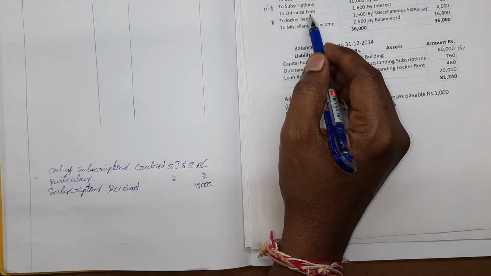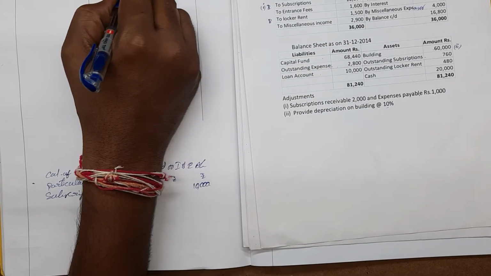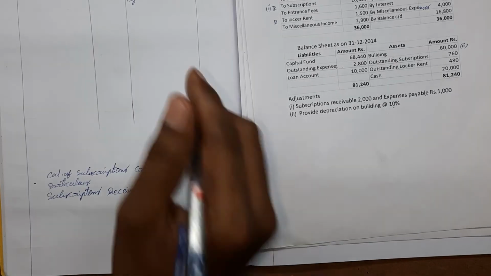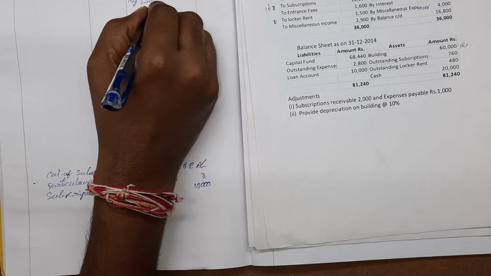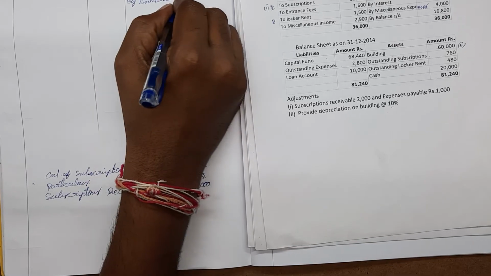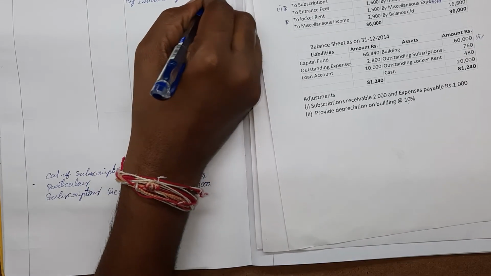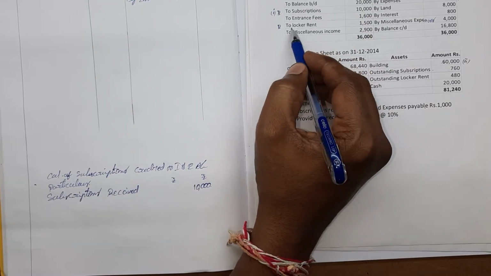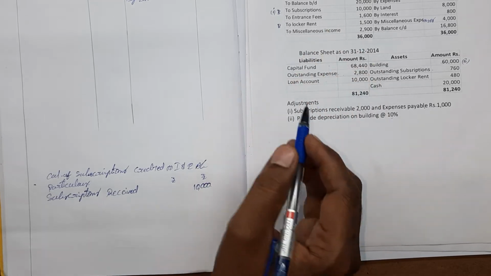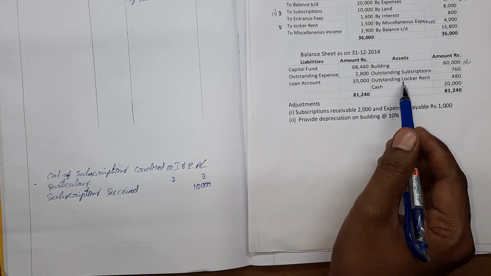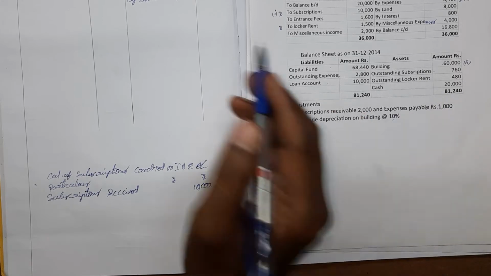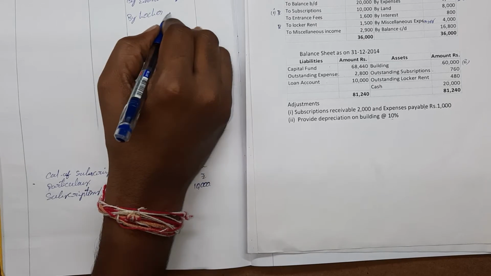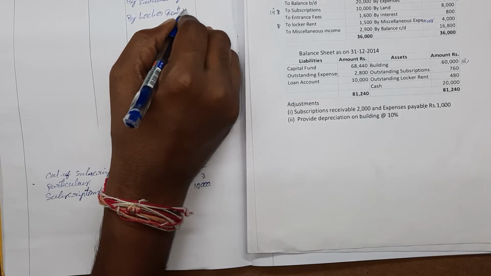Next, entrance fees is an income. First you write subscriptions, next write entrance fees. Entrance fees is 1600, there is no adjustment, so you can write the amount directly. After entrance fees, locker rent. There is an adjustment for locker rent, that is outstanding locker rent 480. So first write locker rent, the amount is 1500.